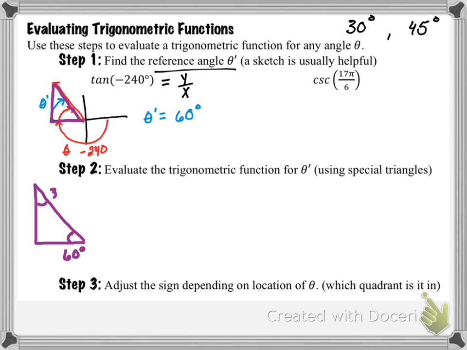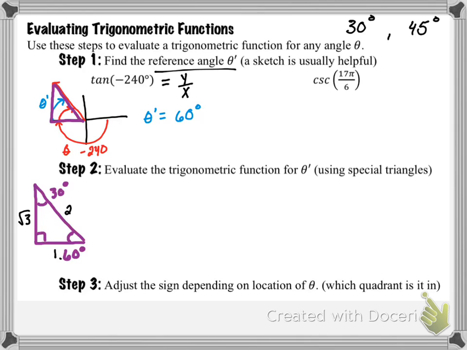So I know this one up here is going to be a 30. So I have a 30, 60, 90 triangle. I know in my 30, 60, 90 from a couple sections ago, if the short leg is 1, then that tells me that the hypotenuse is 2 and the long leg is 1 times root 3.